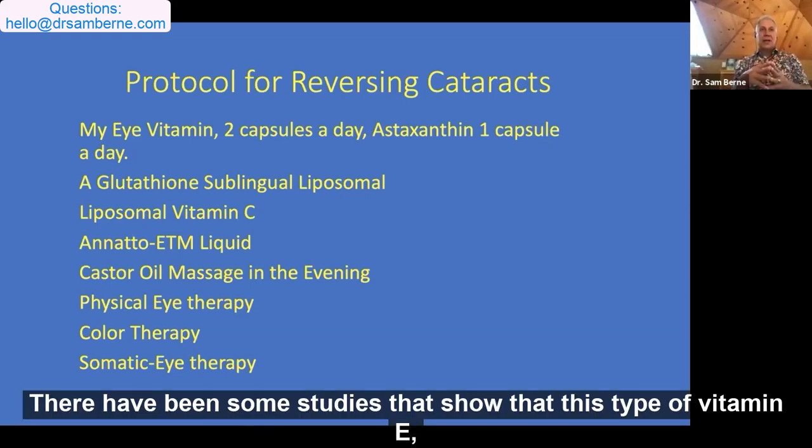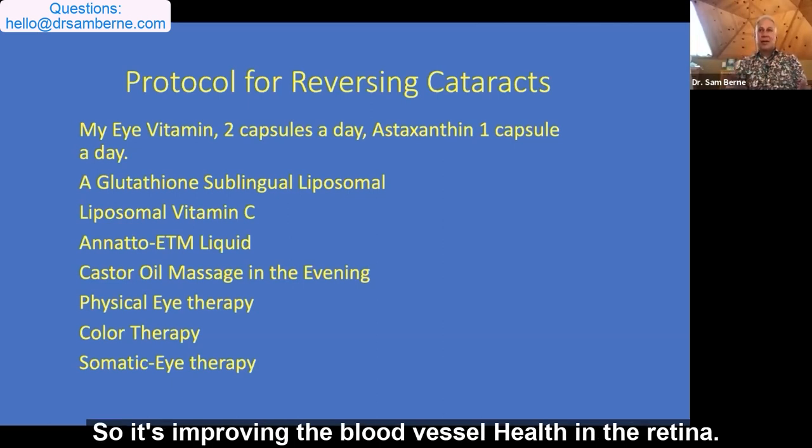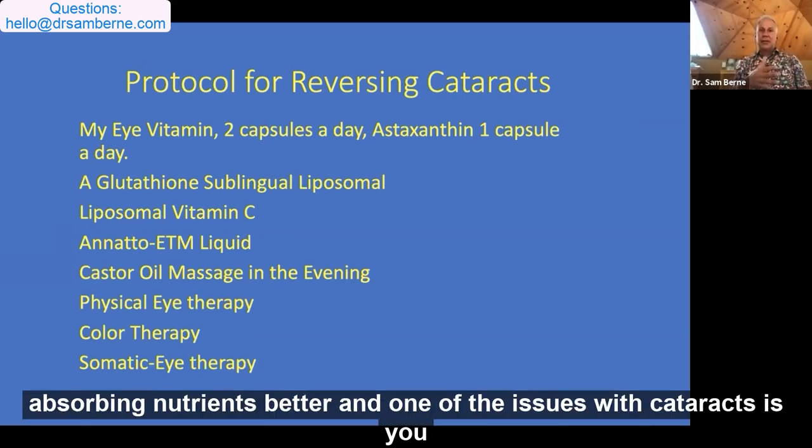There have been some studies that show that this type of vitamin E reduces the risk of wet macular degeneration. So it's improving the blood vessel health in the retina. When you improve the blood vessel health in the retina, you're absorbing nutrients better.